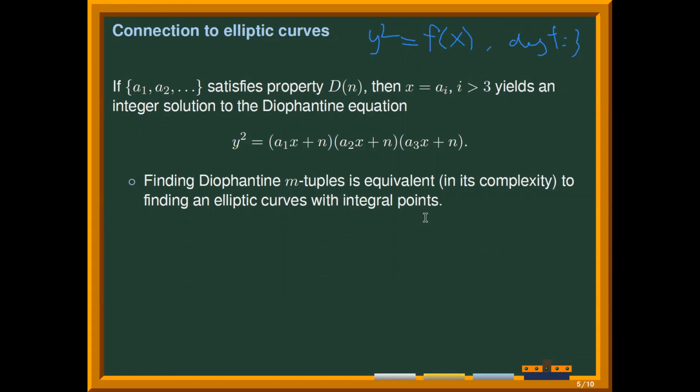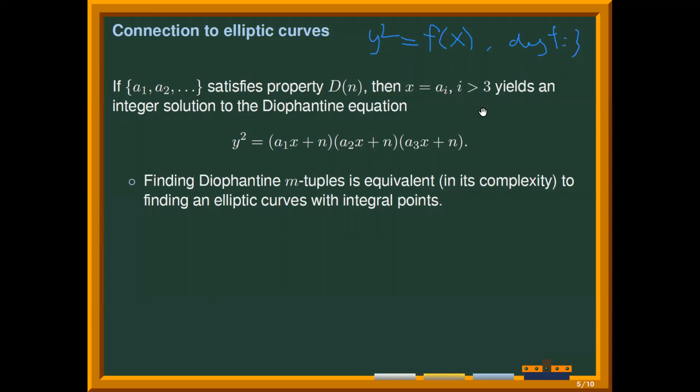So the thing is, if you see a Diophantine m-tuple, namely if your set a1, a2 up to an satisfies the property Dn, then for a_i with i bigger than 3, it yields an integer solution to the Diophantine equation y squared equals (a1 x plus n)(a2 x plus n)(a3 x plus n). Why? Well, say you have a4.